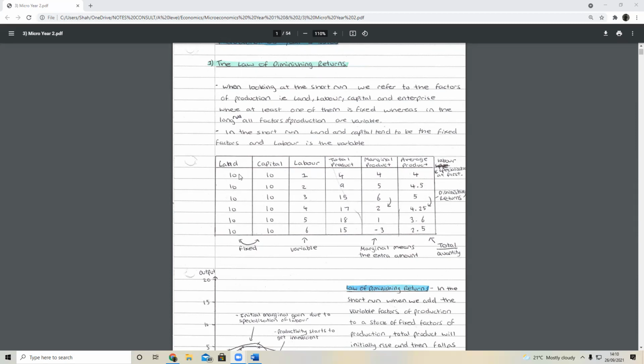So here we have land, and at each stage we have just 10 units of land. It's not changing at all. Same with capital. So this is why it's fixed. And here we have labor. Now labor, at each stage we're increasing it by 1: 1, 2, 3, 4, 5, 6. So this is why it's considered a variable.